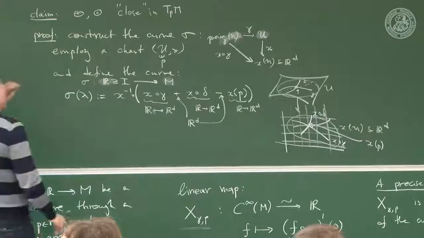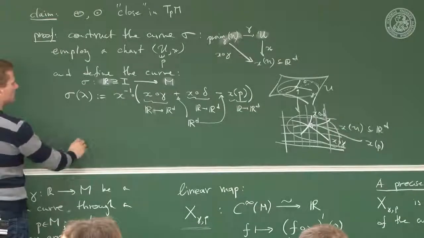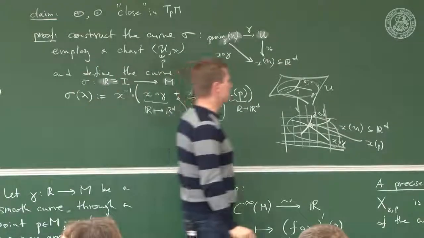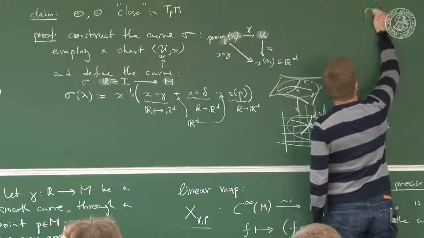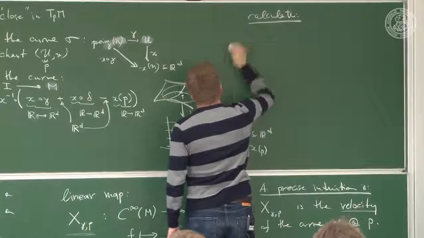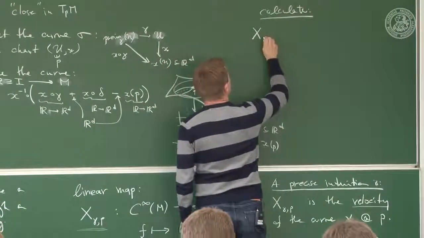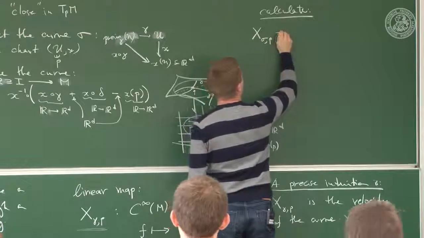Okay, so many words, but the question is, what is now the tangent vector here? So calculate. So far this is just a suggestion what we could do. So we calculate what is the tangent vector to the curve at that point.